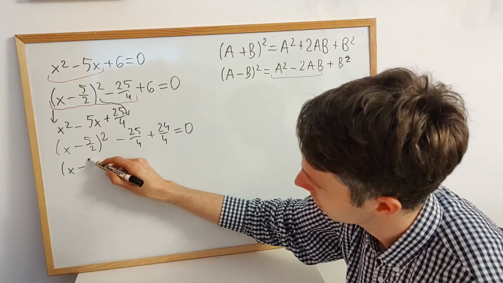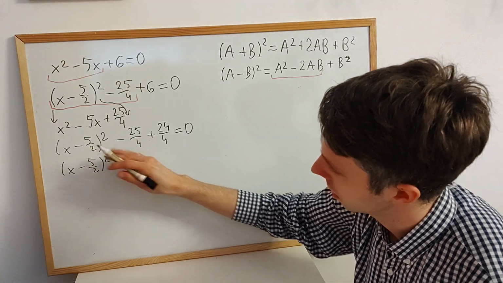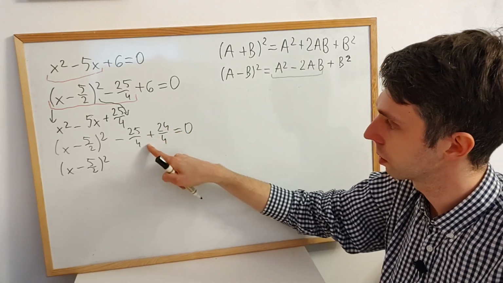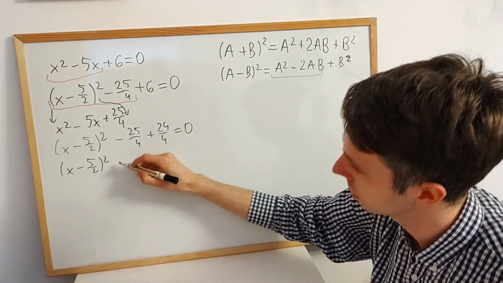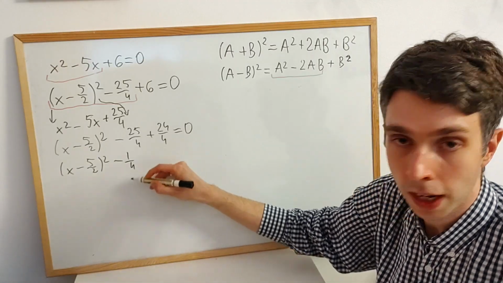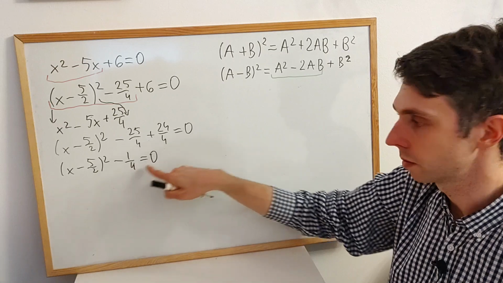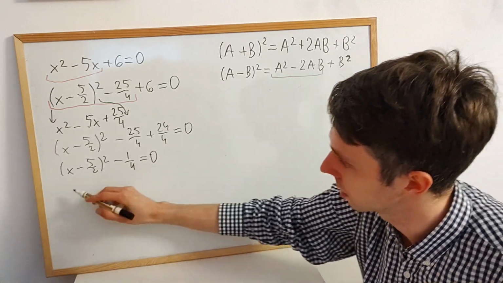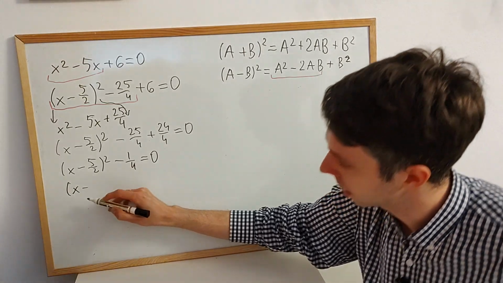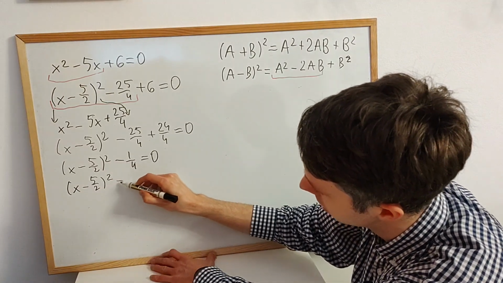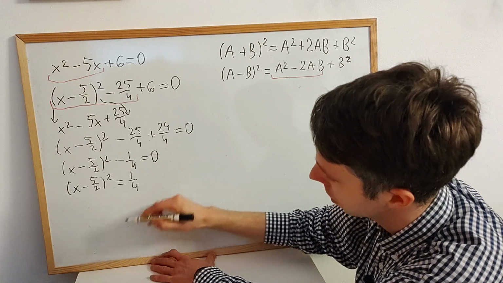Here nothing changes, and minus 25 over 4 plus 24 over 4 is minus 1 over 4 equals 0. And let's move this to the right hand side of the equation. So you get x minus 5 over 2 squared equals 1/4.